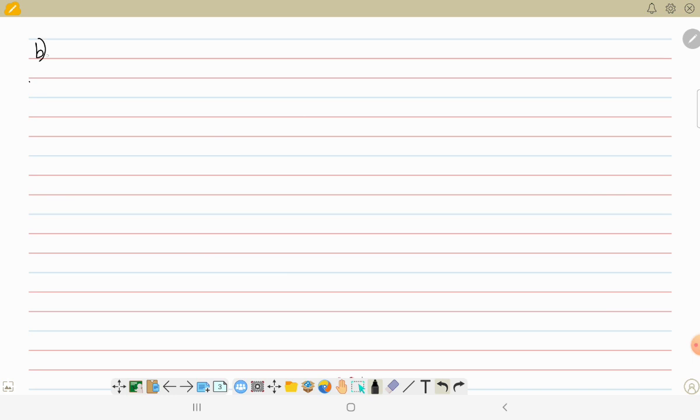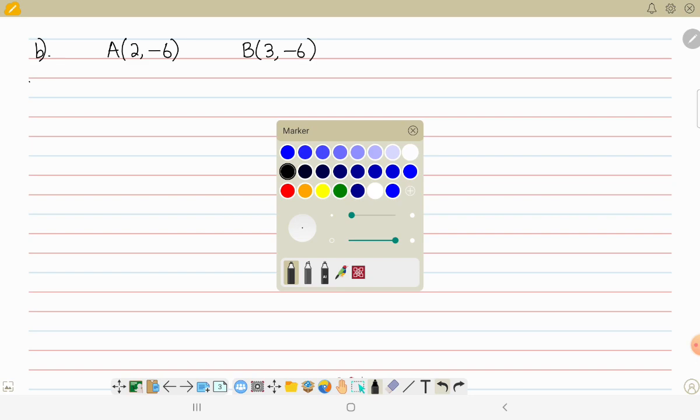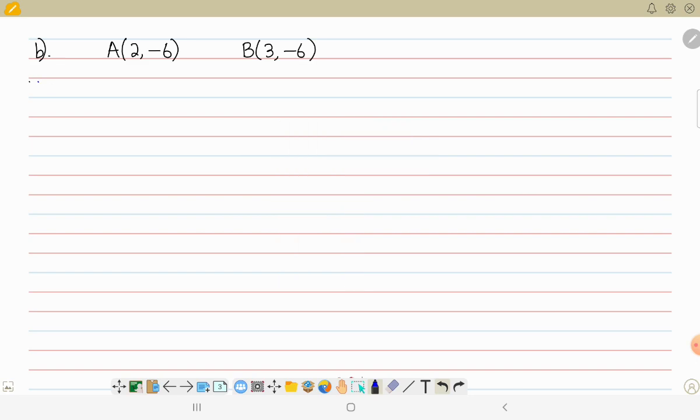B part. Here we are having the A point with the x coordinate as 2 and y coordinate as minus 6, and the B point as 3 and minus 6. Let's write down the distance formula once again so that it will be easy for you to apply it on the question.